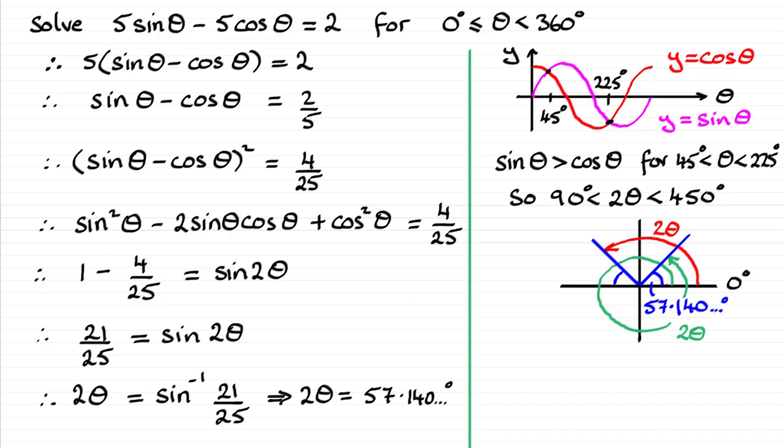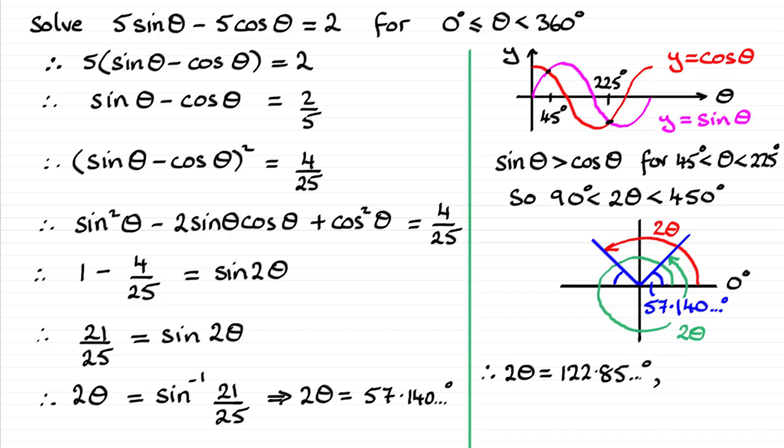So what are those values? Well, from that point of view, we therefore have that 2 theta must be equal to, for the red one, 180 degrees minus the 57.140 degrees, and that's going to be 122.85 and so on degrees.